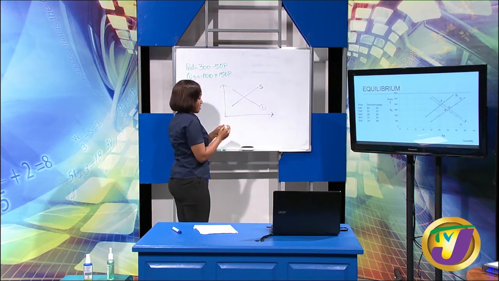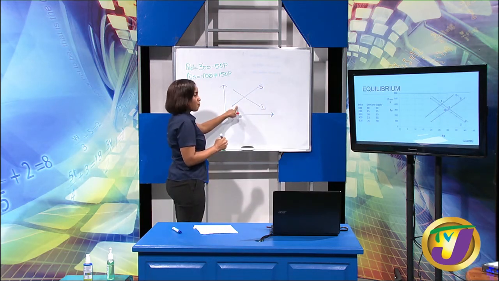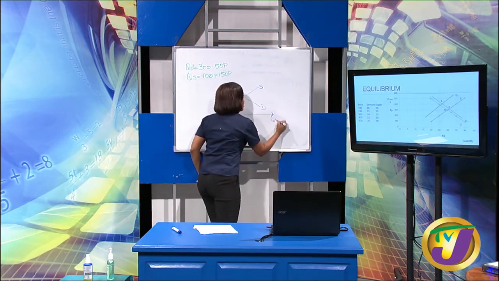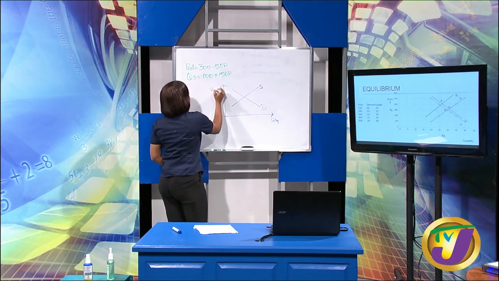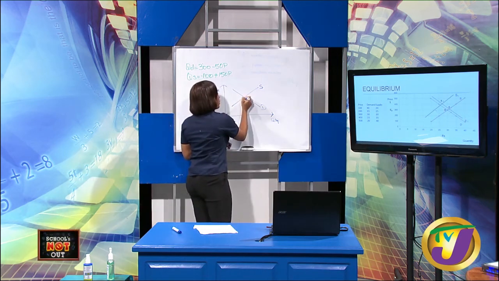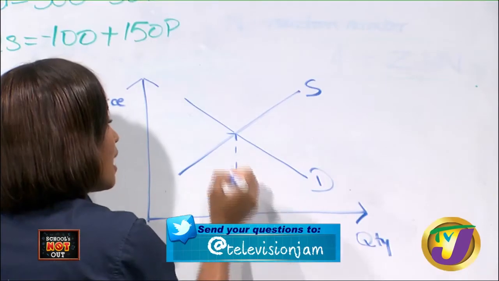So, if this is our original supply curve sloping upwards, and always remember to label your axes, and this is the original demand curve, then your equilibrium point will be where supply meets demand.